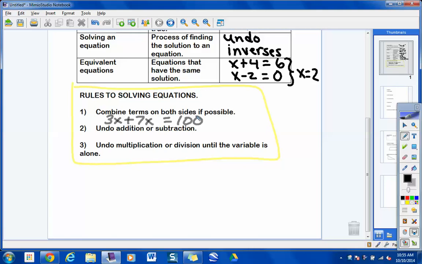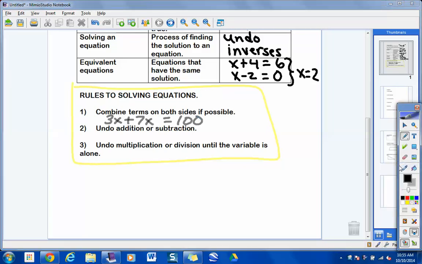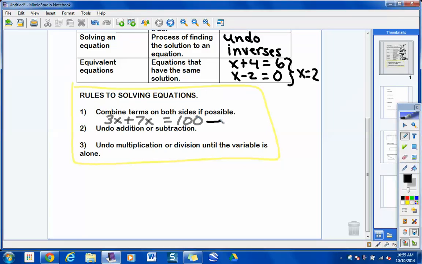So I can say this is the same as 10x is equal to 100. What I did was combine the 3x and the 7x. Make sense?